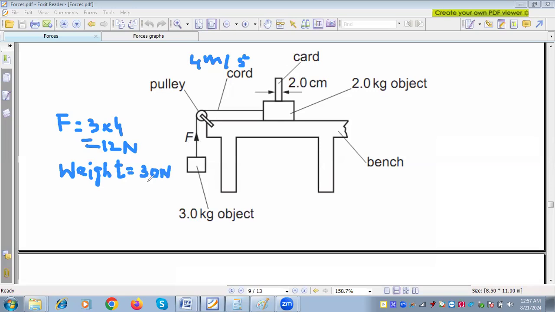So what will be the value of F? Value of F will be 30, minus 12, which is what the cord is applying on the mass, equal to 18 Newton.